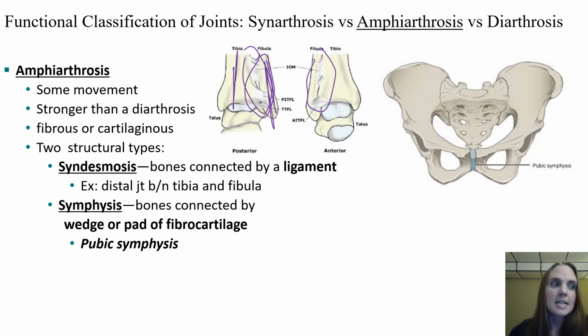So that is a syndesmosis. Then we also have a symphysis, and with the symphysis, the bones are connected by a wedge or pad of fibrocartilage, and an example of this is the pubic symphysis, which you can see in the image on the right. So those are our amphiarthrosis, allow for a very limited amount of movement.